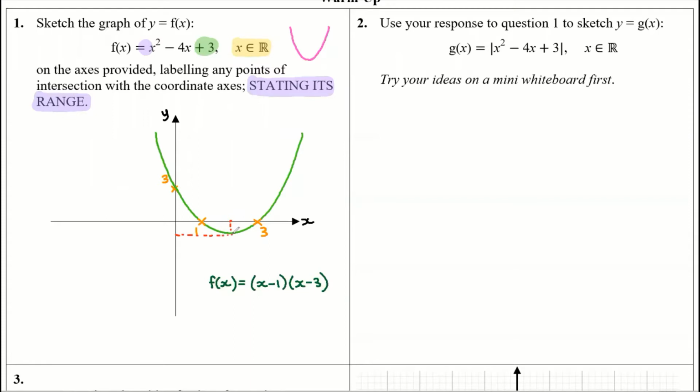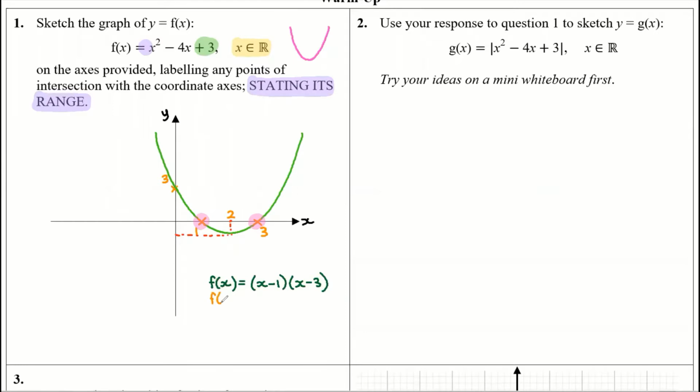Well, using the symmetry of the curve, this is the first way of doing it. We could just take the mean average of 1 and 3, which is of course 2. That's the halfway point. So I know that if I substitute in 2 into my function, I should get the minimum value. So let's do that. I can use the factorized form down here.